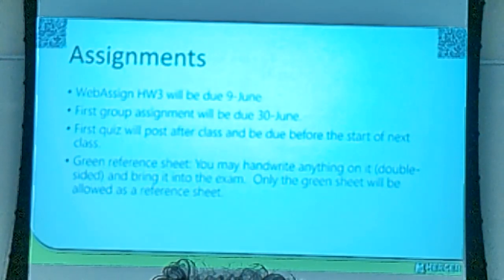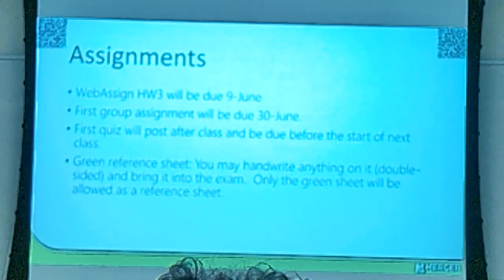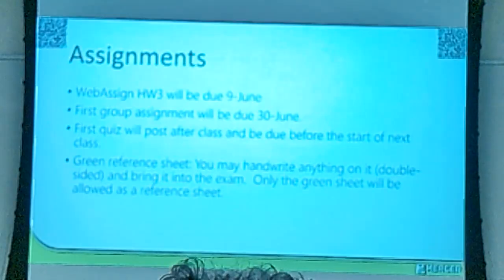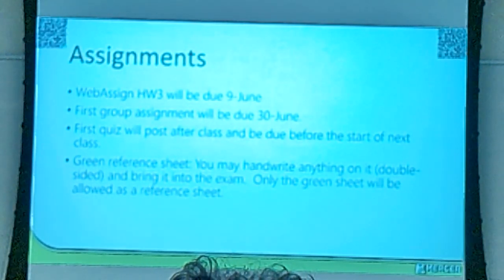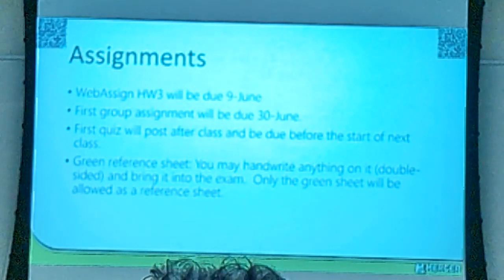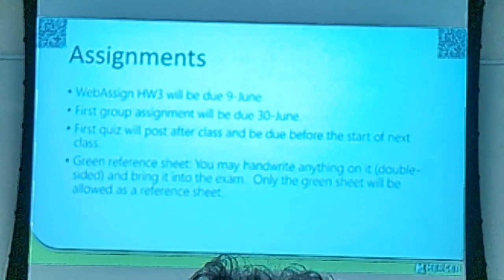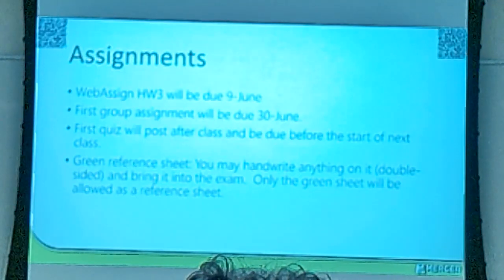This sheet, double-sided, you can write anything you want on it to use for the first exam. The only restriction you have is it has to be handwritten. You can't type something up and then put this into your printer. It has to be all handwritten.